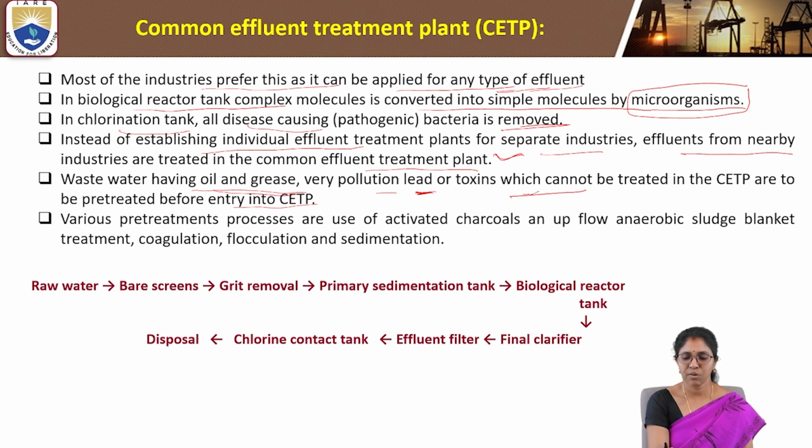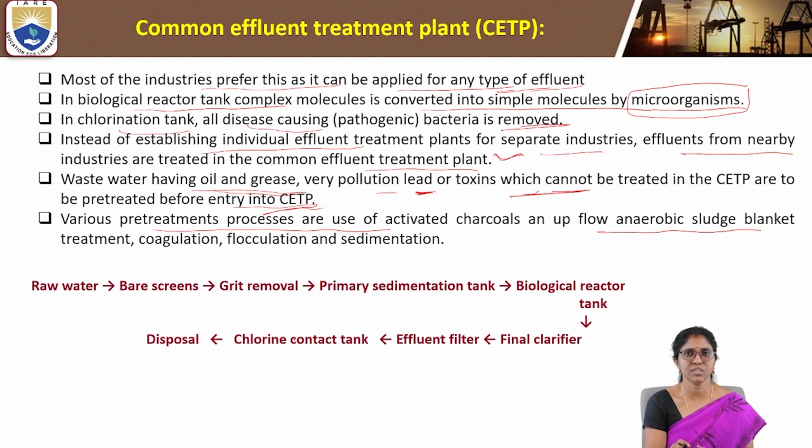So first we have to remove these by using different methods, and then pass the water into the common effluent treatment plant. The various pre-treatment processes are the use of activated charcoal, upflow anaerobic sludge blanket treatment, coagulation, flocculation, and sedimentation.